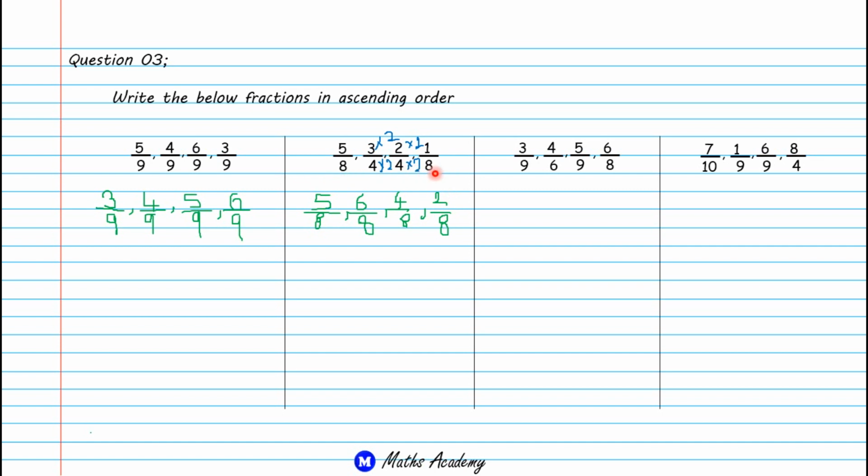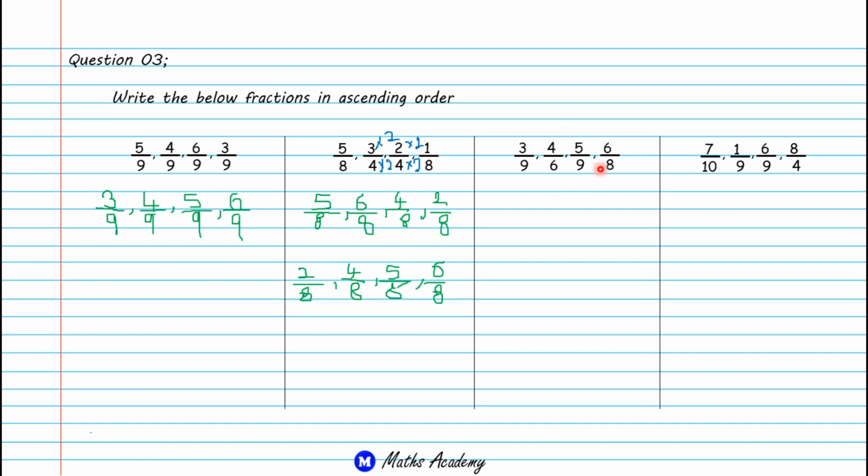So when we look at these, we can see that this is the smallest. 2 over 8 is the smallest, and then 4 over 8, and then 5 over 8, and then 6 over 8. So you can see we have arranged them to the ascending order. First 2 over 8, and then 4 over 8, and then 5 over 8, and then 6 over 8.